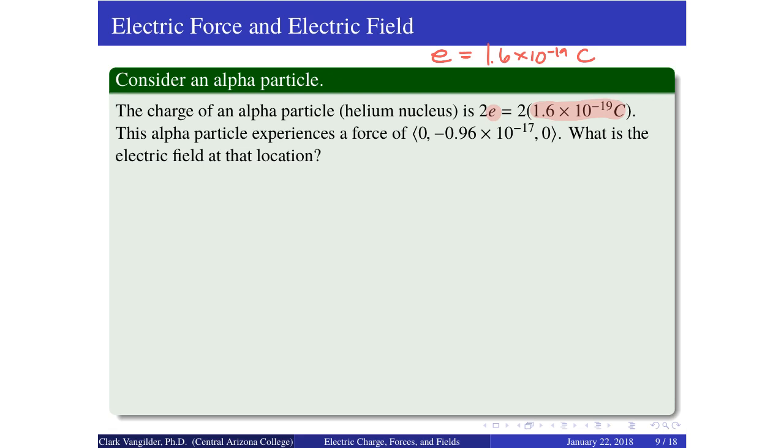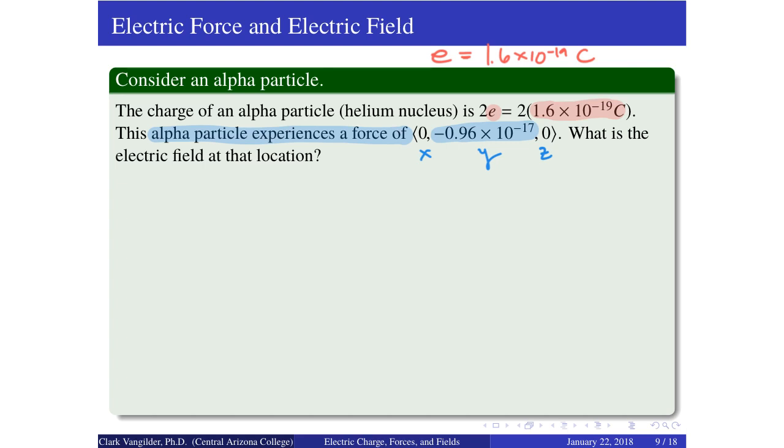Then we're told the alpha particle experiences a force of basically that in the y direction. Remember, x, y, z is just vector notation. We did that in Python when we were telling forces to go places, speeds and whatnot, so it's just a 3D vector.